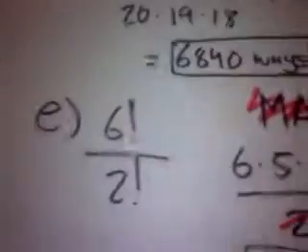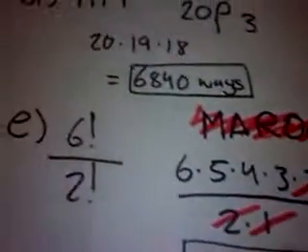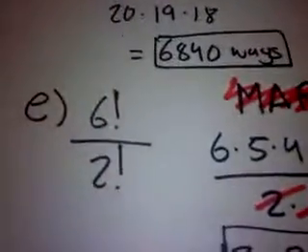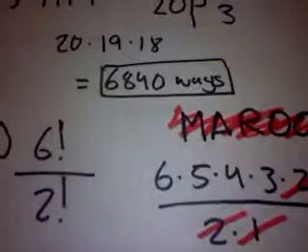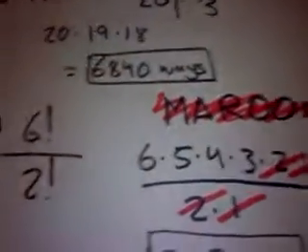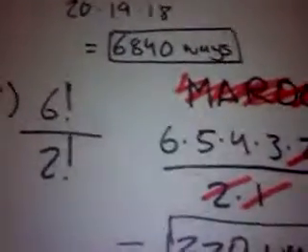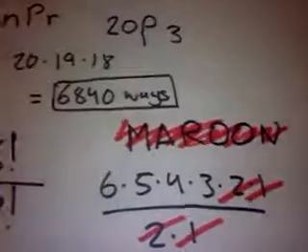Now, on to our last part, which would be E. We're given the word maroon, as you can see, and we have 6 factorial over 2 factorial. And since we have 2 O's, that would count as a repetition of the letter O. So that's where we get the 2 from. 6 comes from the number of letters that are in maroon.